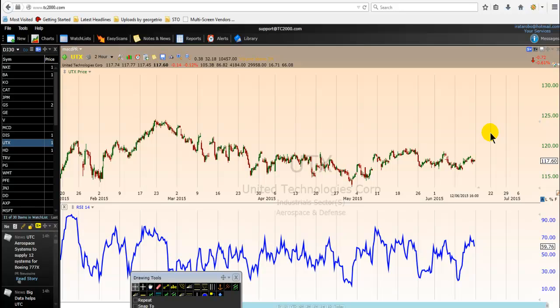In order to trade the RSI divergence, the RSI stands for the relative strength index. We want to know exactly where the RSI divergence takes place.